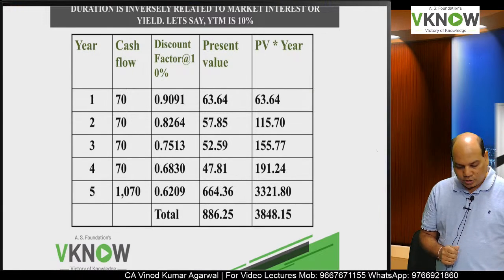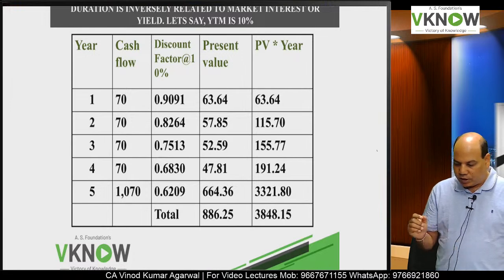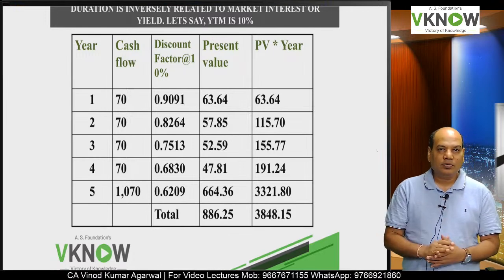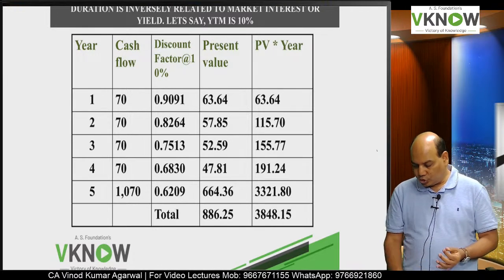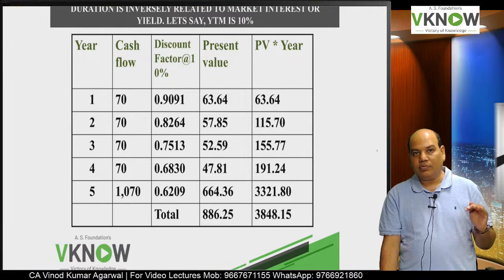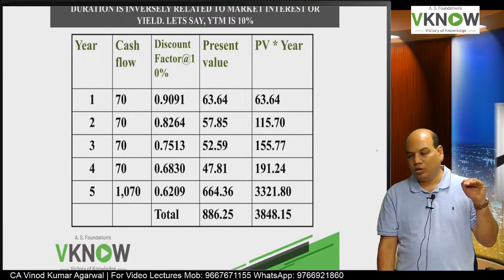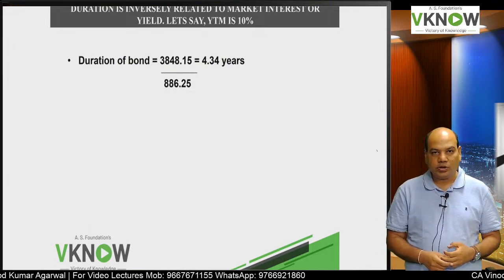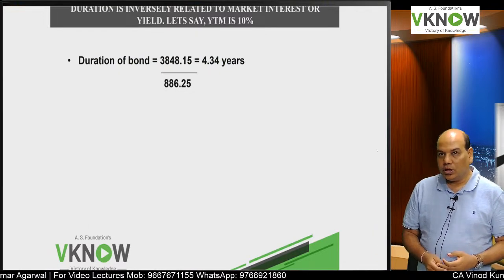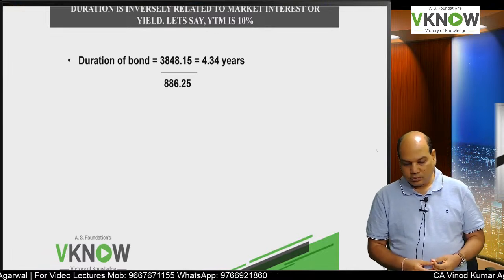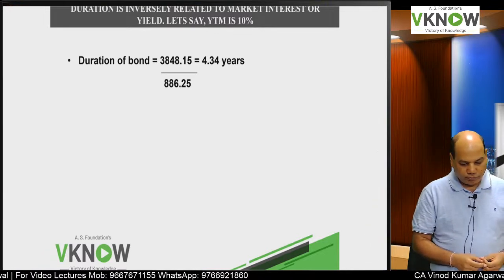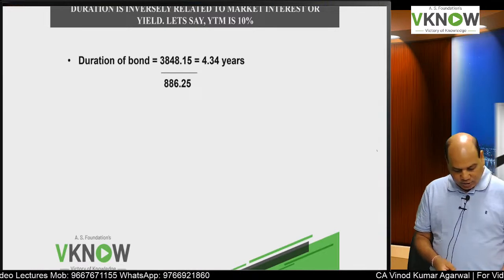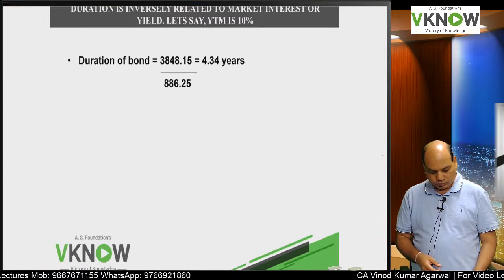Okay. So now write duration, and you will find that this answer of question number 46 is less than question number 45, which proves that higher YTM will result in lower duration. Duration is equal to 3848.15 divided by 886.25.